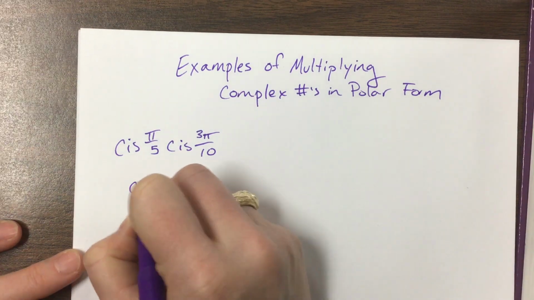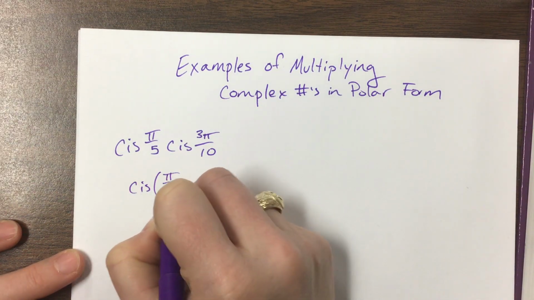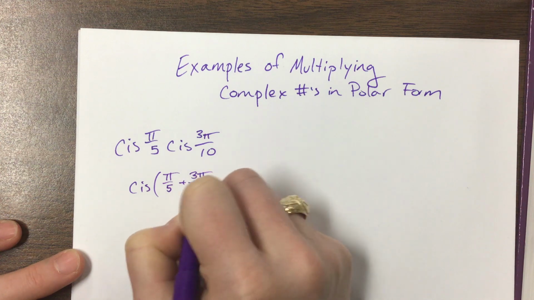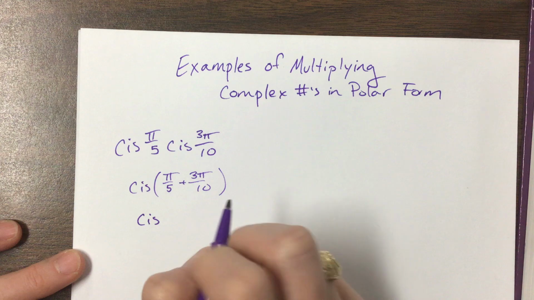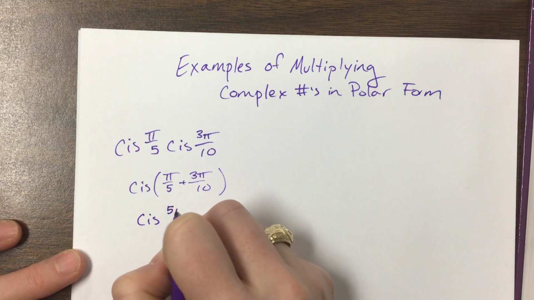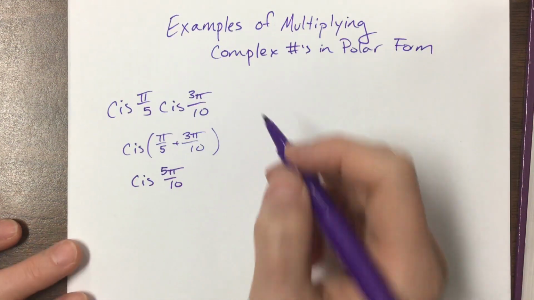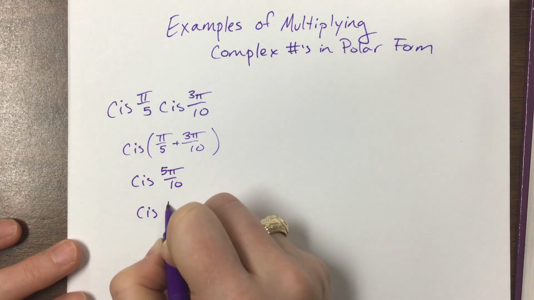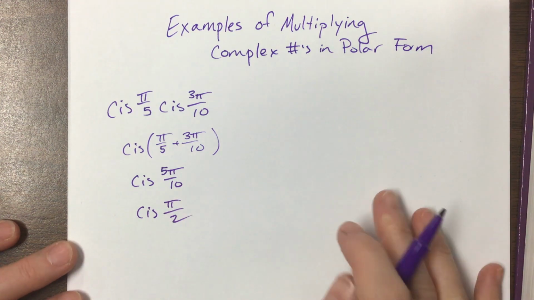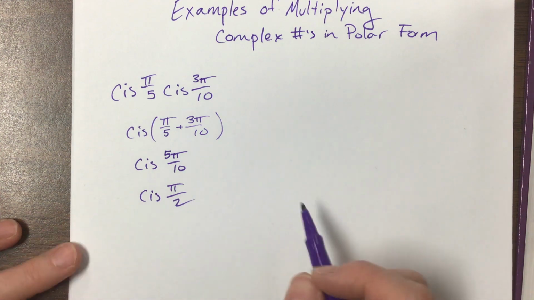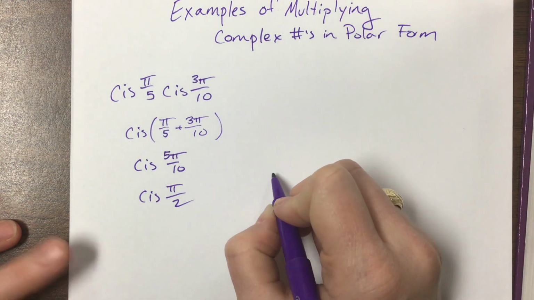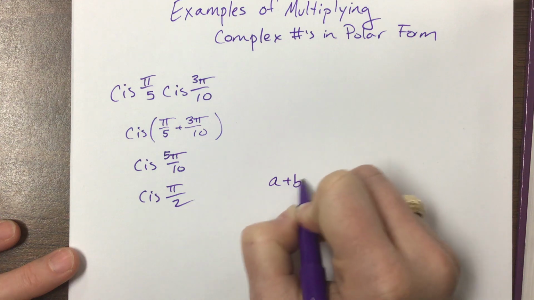And so this becomes cis of pi over 5 plus 3 pi over 10. Hopefully this works out nicely. This is 2 over 10 plus 3 over 10, which is 5 pi over 10. That looks familiar. So this equals cis of pi over 2. And typically we end up in the rectangular form, a plus bi.